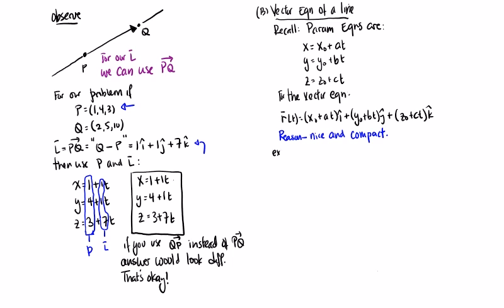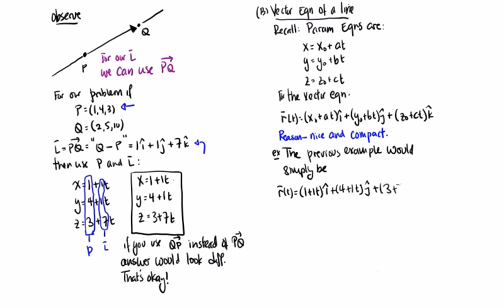And so, for example, the previous example over here on the left, this would simply be r of t is (1 plus 1t)i plus (4 plus 1t)j plus (3 plus 7t)k.